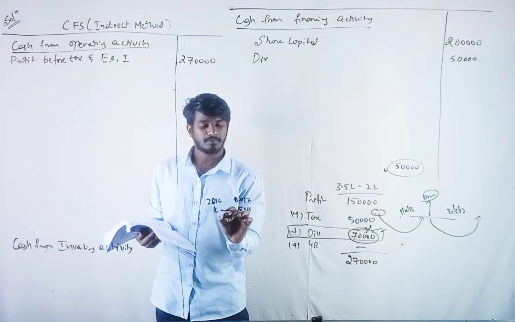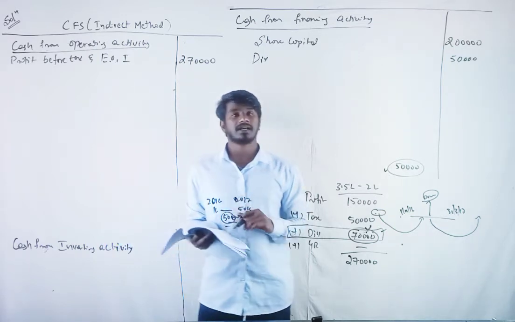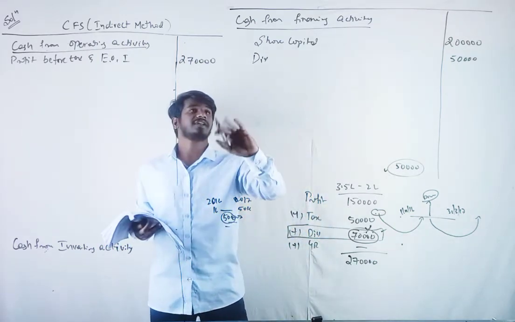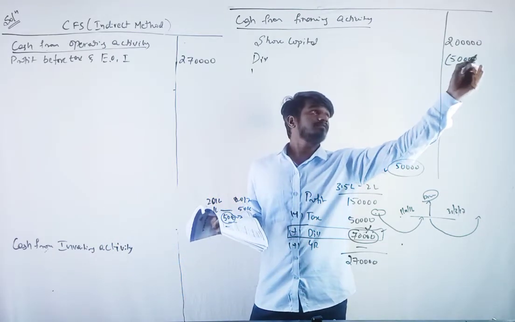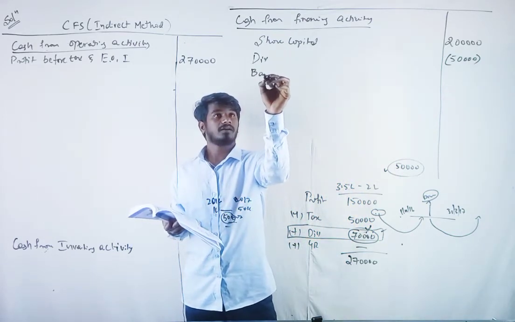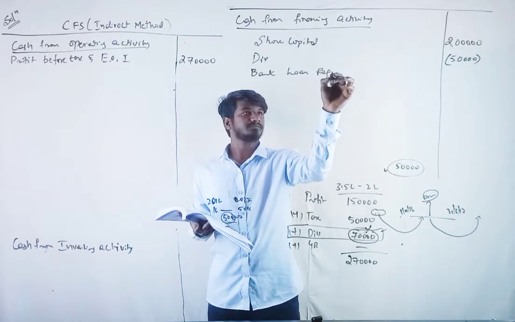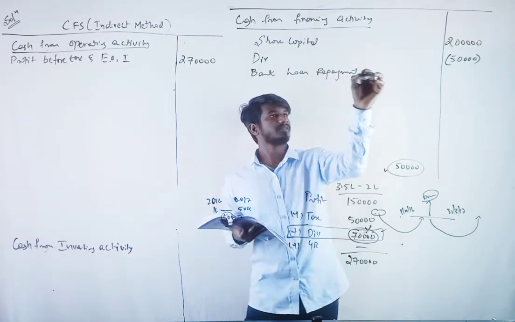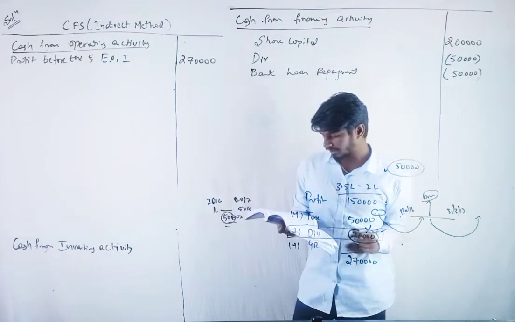Means we have paid 50,000 of loan. Is that correct? It will appear in the financing activity as bank loan repayment. We have paid 50,000 rupees, cash went out.